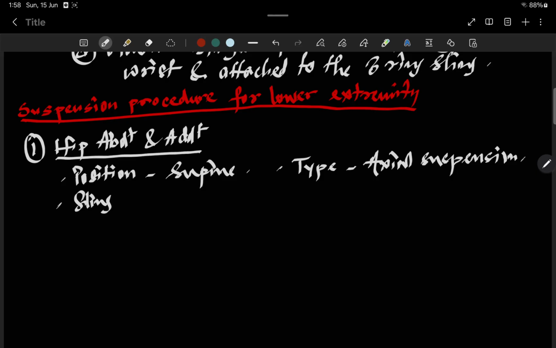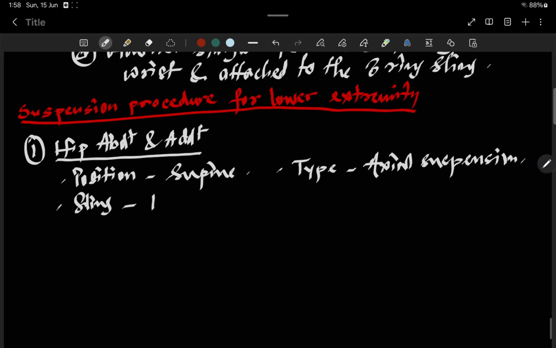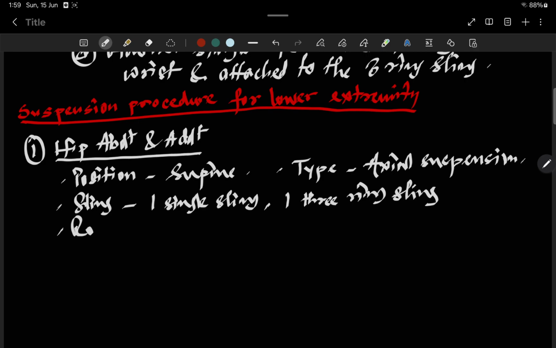Slings: one single sling and one three ring sling. Rope: one single rope. Now the procedure.